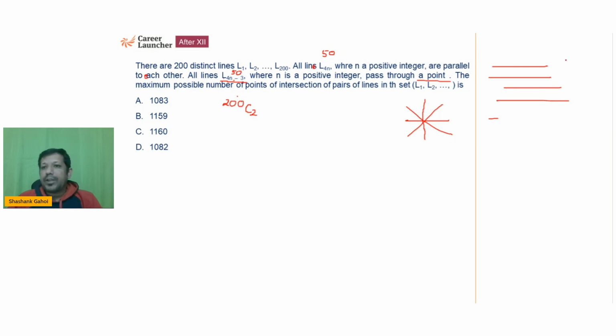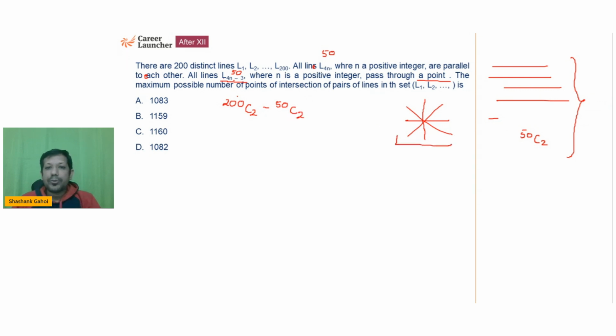But if I talk about parallel lines, there are 50 lines, so these 50 lines should have intersected at 50 C2 points. But because these lines are parallel, there are going to be no intersections. So basically, minus 50 C2, because these intersections are not happening at all.